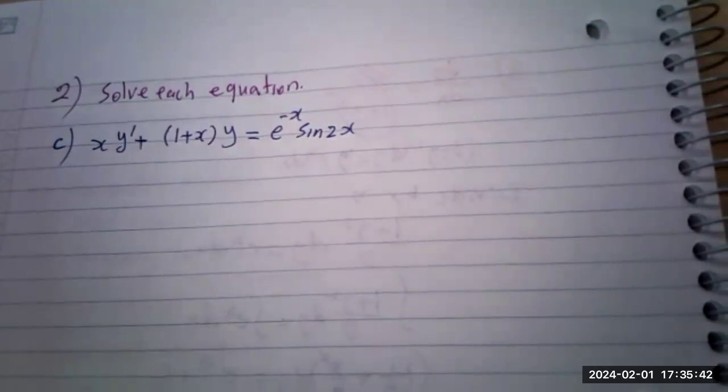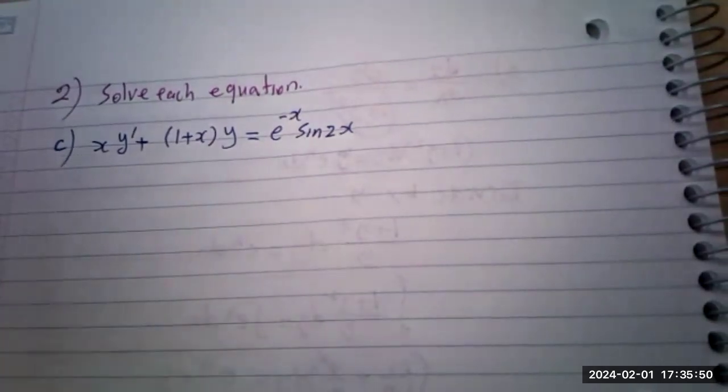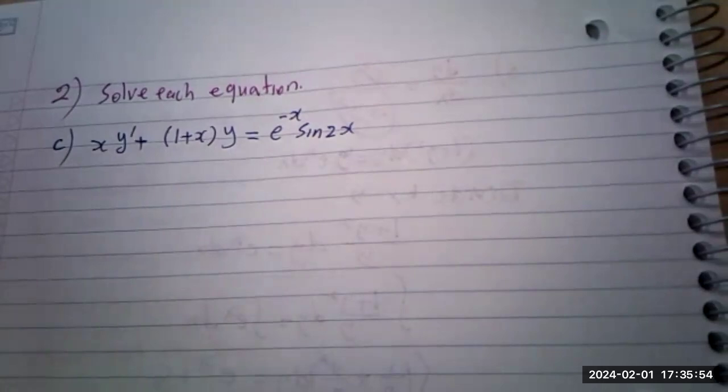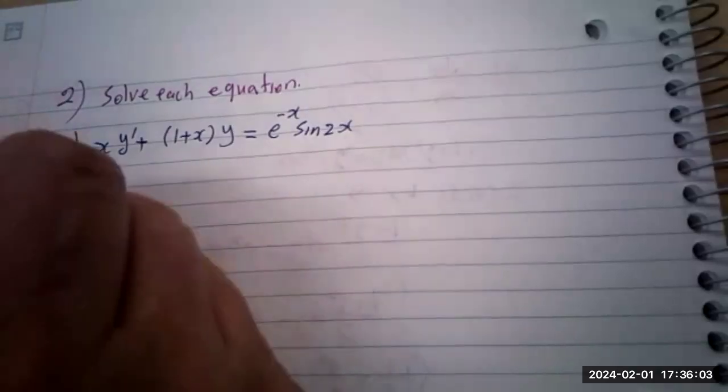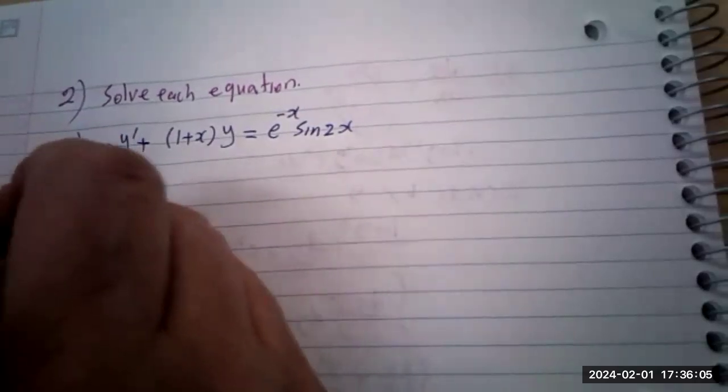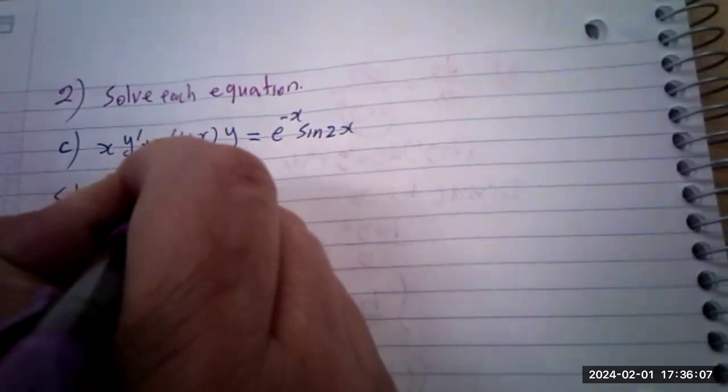So what are we going to do first for this one? First thing to do, remember, all the formulas for the linear equation in this course start with the coefficient of y prime being 1 all the time. Otherwise, you cannot use those formulas. So that's step 1. You have to divide by x.